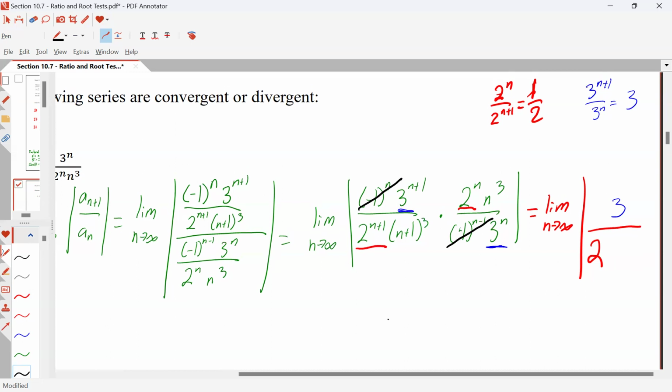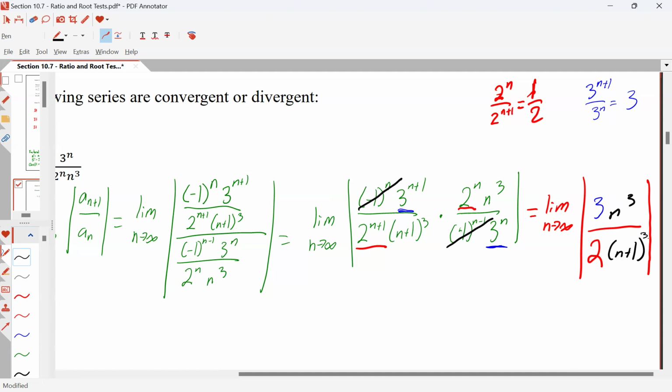And then the things that don't cancel out are the n cubed and the n plus 1 cubed. So there is our nice limit that we have simplified down to.